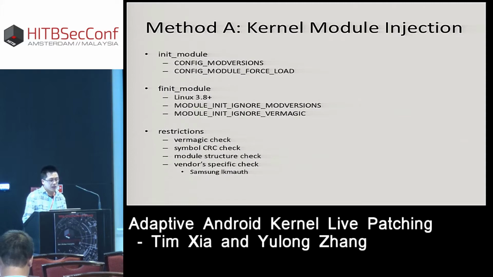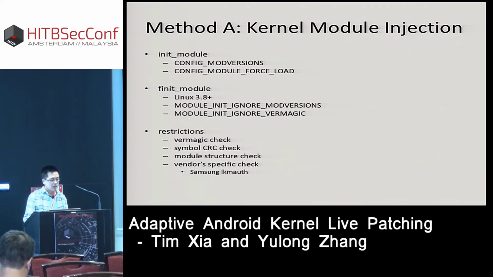This is method A, how we do the kernel module approach. We basically use two syscalls, init_module and finit_module. finit_module is the better option because it has two different flags, which can be utilized to ignore the module CRC checks by the kernel, and also the version magic checks.